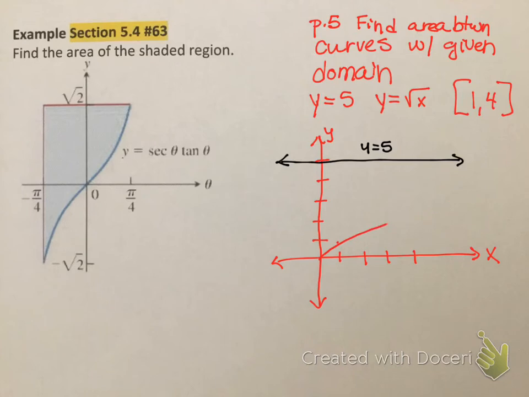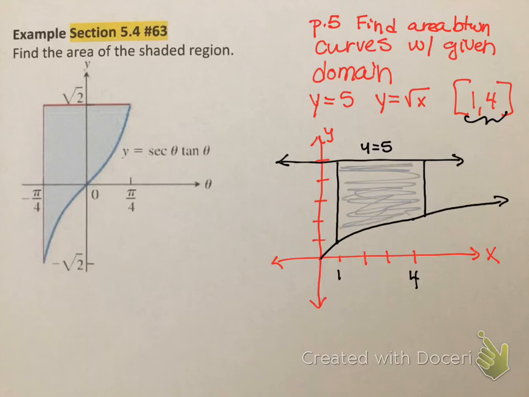Let's erase that. So it looks like that, right? Kind of. But I am only interested in the area between 1 and 4. So I am trying to find that area.